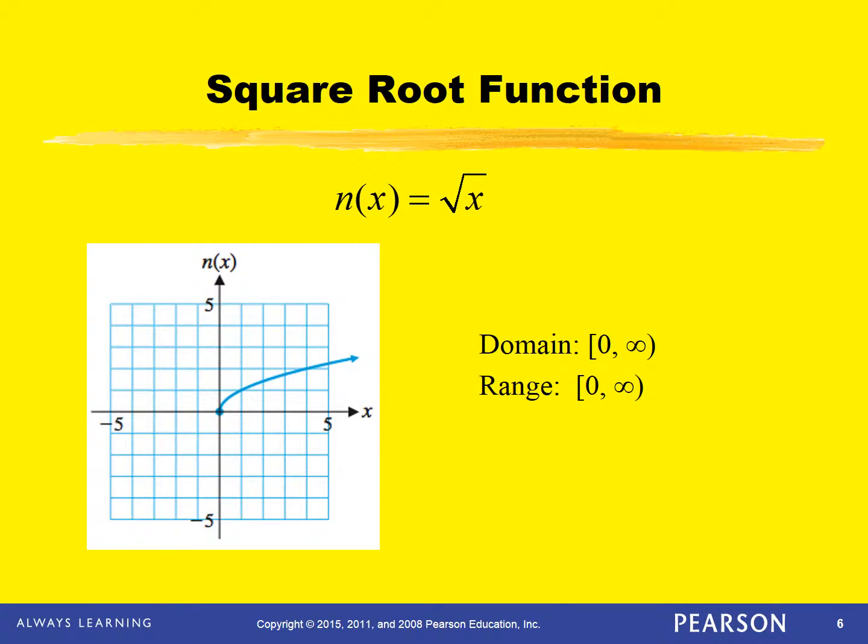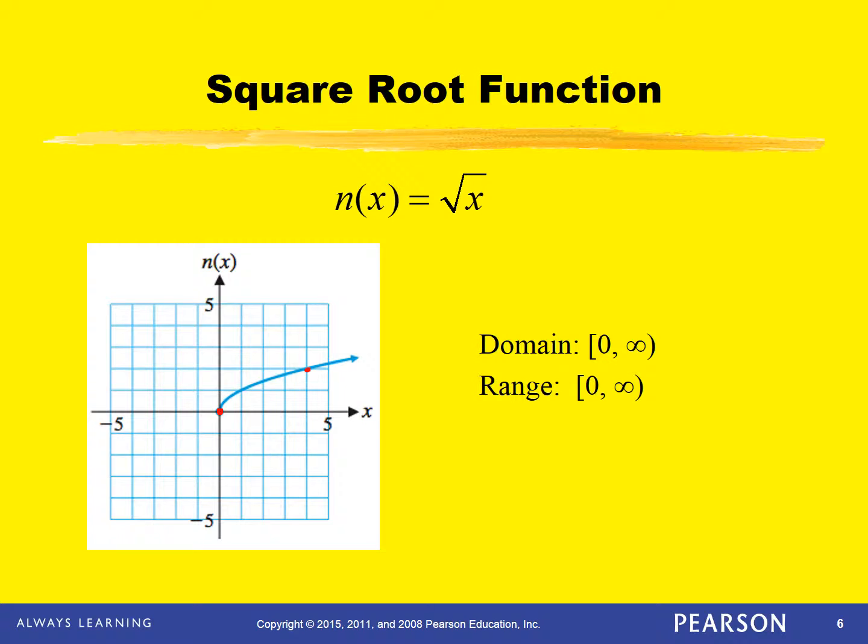Square rooting function. This returns the square root of its input. So you have a point on there like the point (4, 2), because 2 is the square root of 4. And the graph is almost entirely in the first quadrant. Everything except the origin is in the first quadrant, because you can only have non-negative inputs.